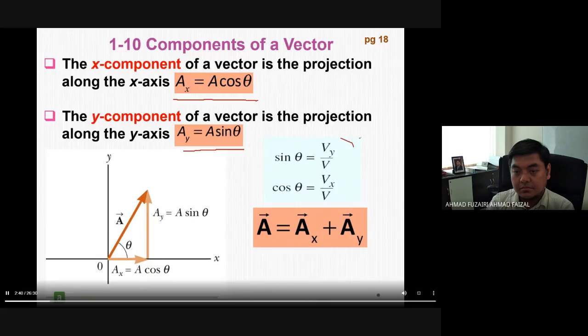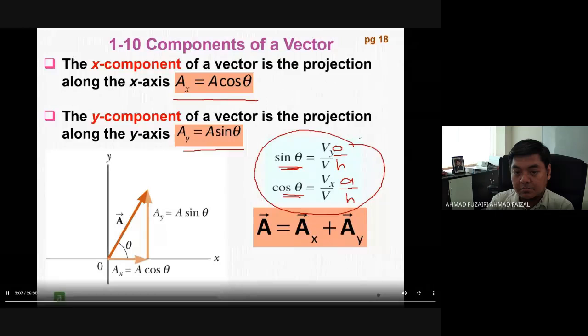Remember this one from your mathematical class. Sin theta comes from opposite over hypotenuse, whereas cos theta comes from adjacent over hypotenuse.